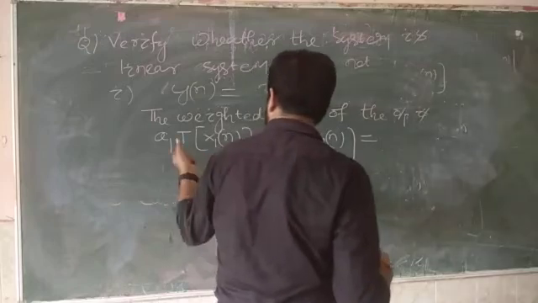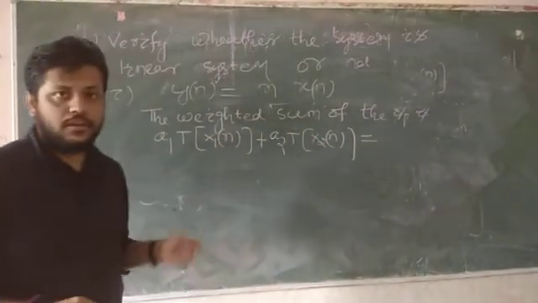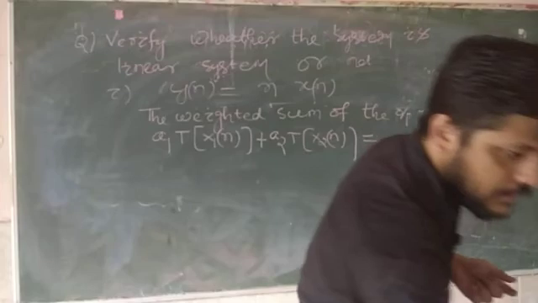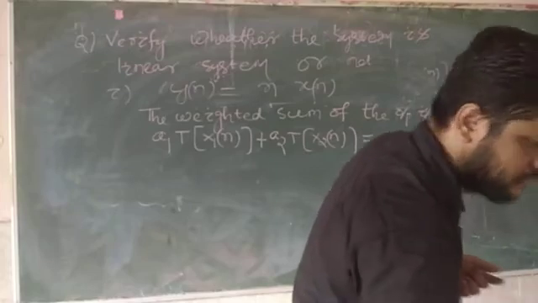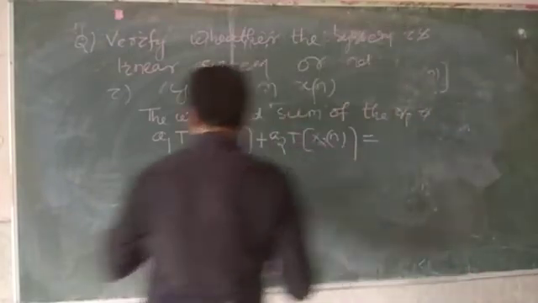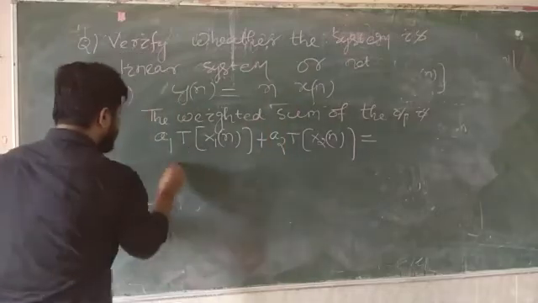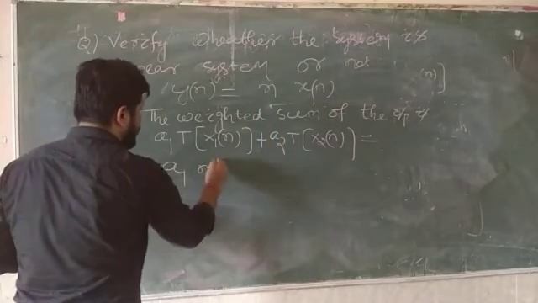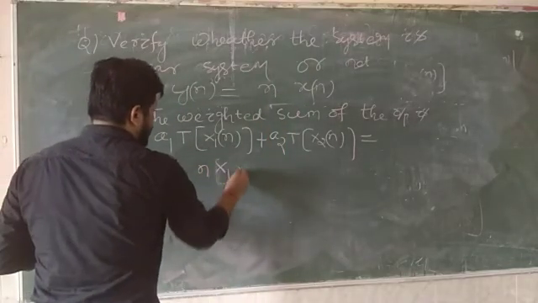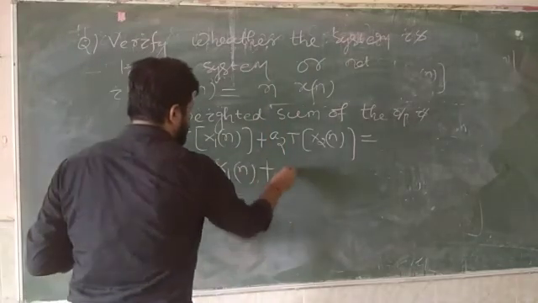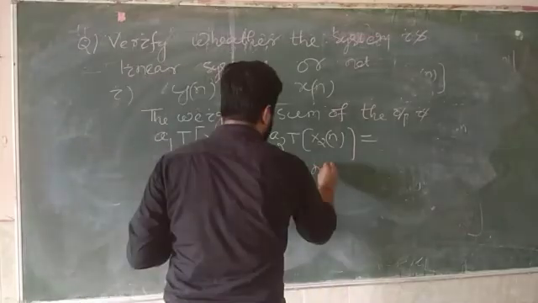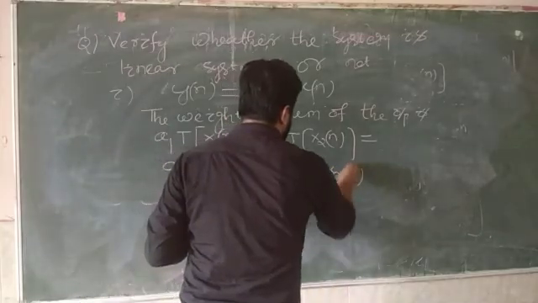in place of T x1n, what is the response? The system equals n, so a1 n x1n plus a2 n x2n.